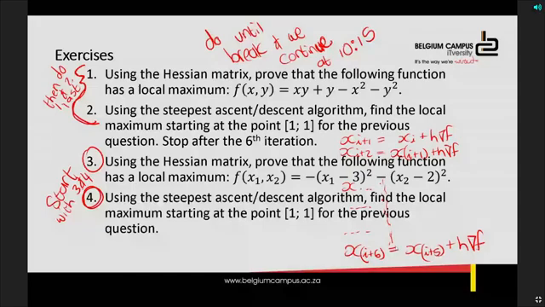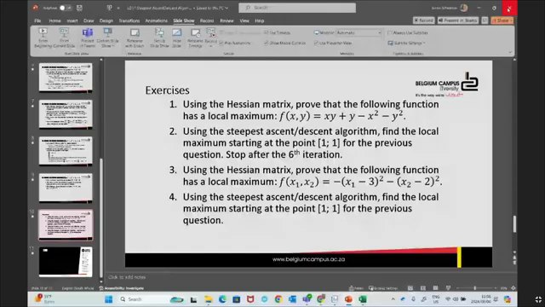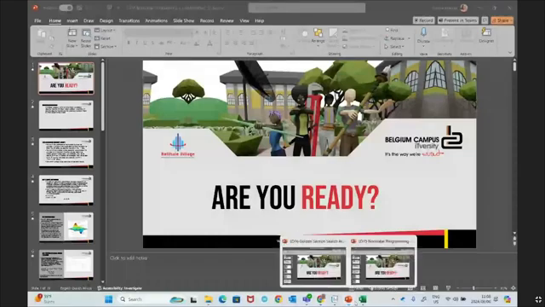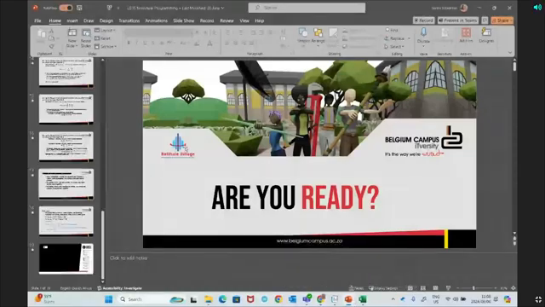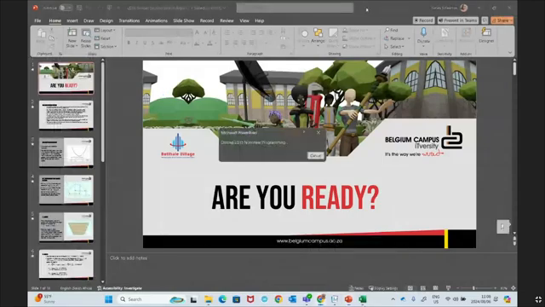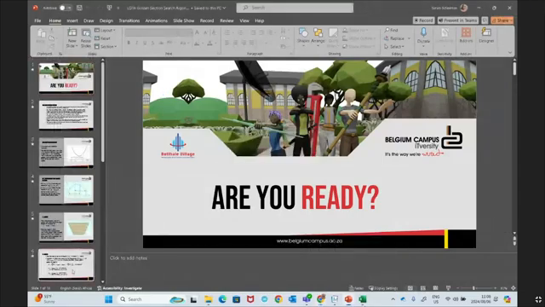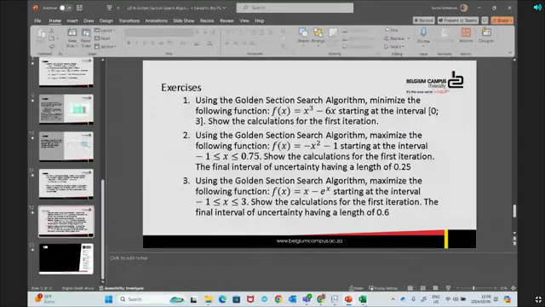Right, I'm going to go back to golden section search. Let us do one of those so that we have some time. Right, let's take one of these.